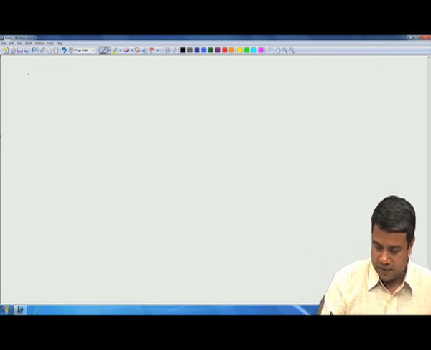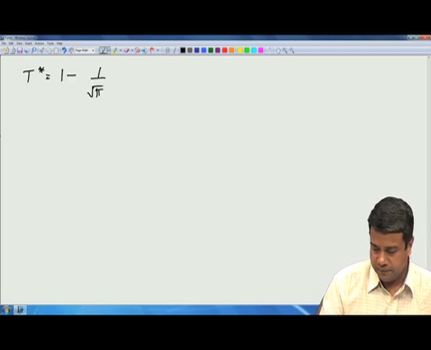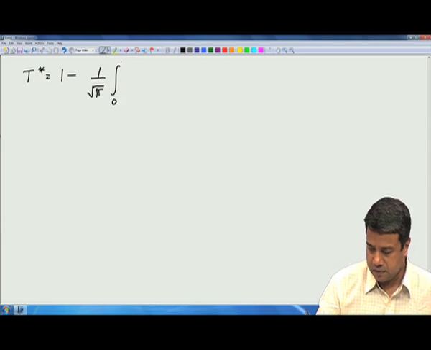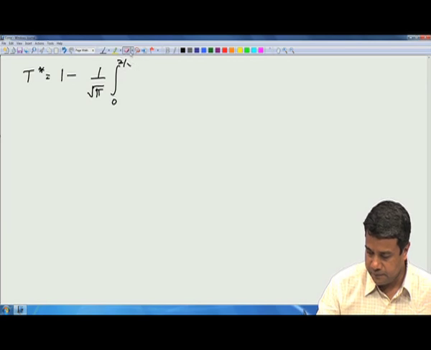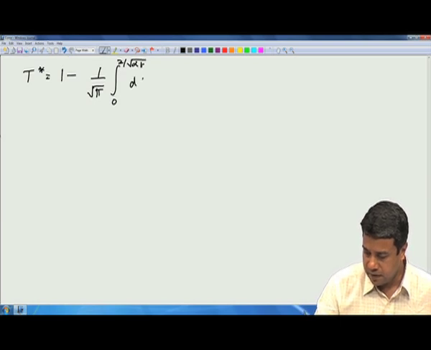So, I have the temperature field T star is equal to 1 minus integral 0 to z by root alpha t, d psi prime by 4.